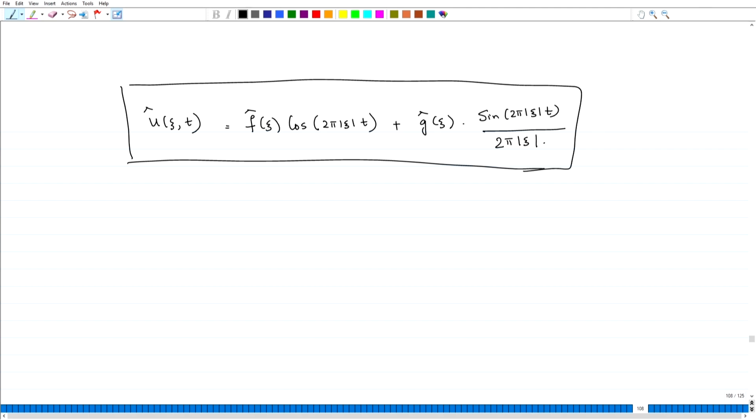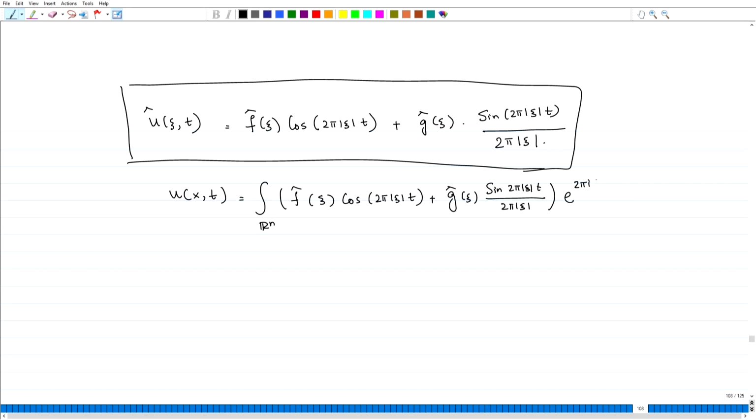Now, f and g are nice classes of functions, and therefore, by Fourier inversion we can write u of x at t as the integral over R^n of f hat of xi cos 2 pi mod xi t plus g hat of xi sin 2 pi mod xi t over 2 pi mod xi, times e to the power 2 pi i xi dot x d xi.